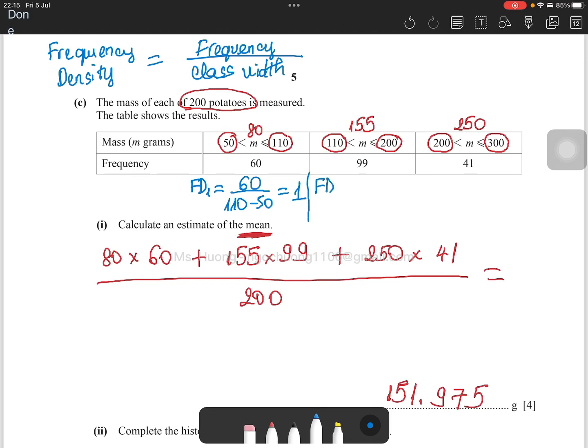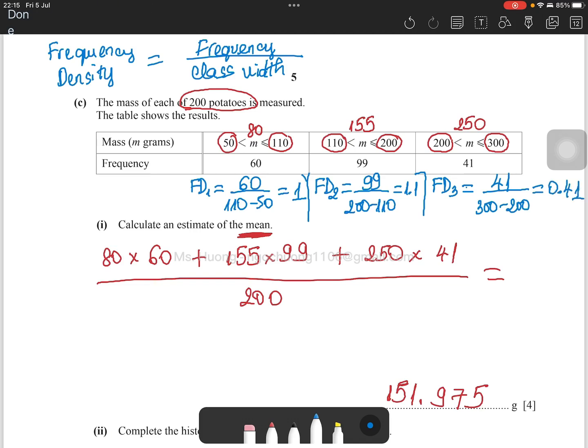The frequency density of the second interval is frequency 99 over class width 200 minus 110. 99 divided by 90 is 1.1. And finally, the frequency density of the last interval is 41 over 300 minus 200. So 41 over 100 is 0.41.